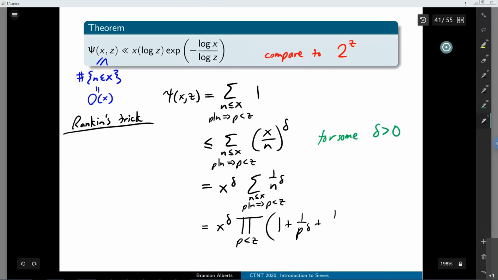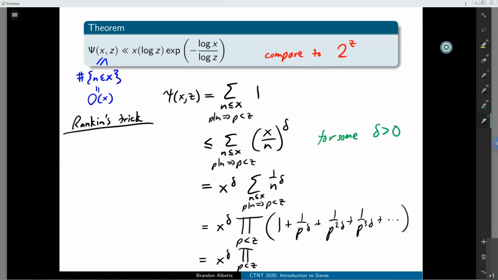It might divide it twice. It might divide it 3 times, etc. Inside this product, that's a geometric series. And if you've worked with zeta functions at all before now, you'll probably recognize what's going on here. The geometric series converges to this quantity.